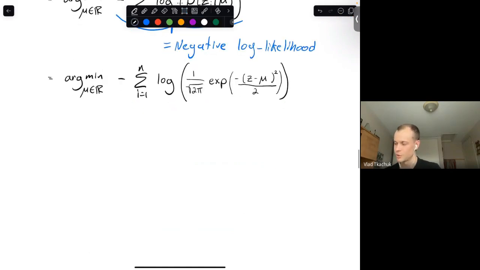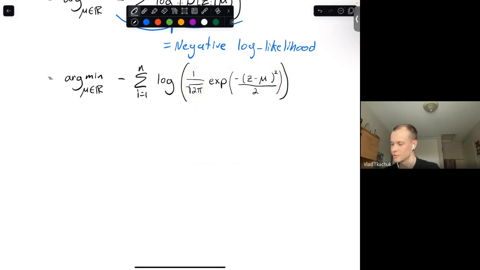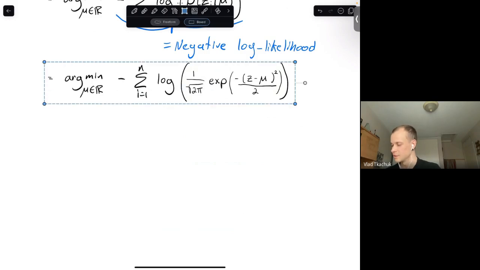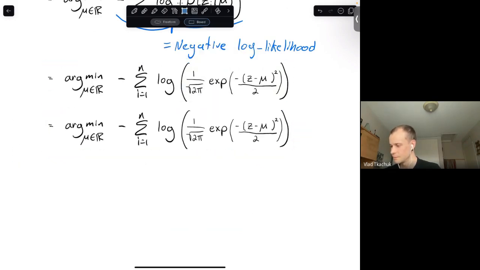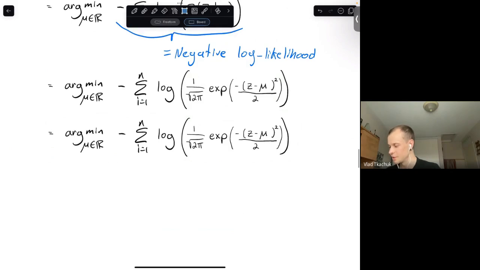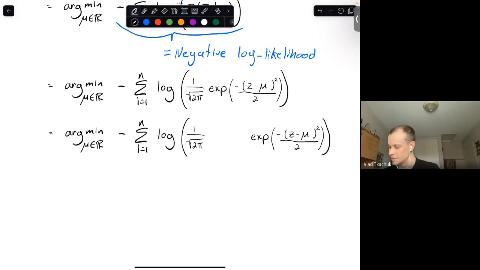Okay, so before doing that, I'm going to use once again this property that the log of the product of two things, so here we have this thing times that, is the sum of the logs. So that means I can take this. And here you can see why log is going to be very nice for this case, which is I can write this log as now the sum of logs.